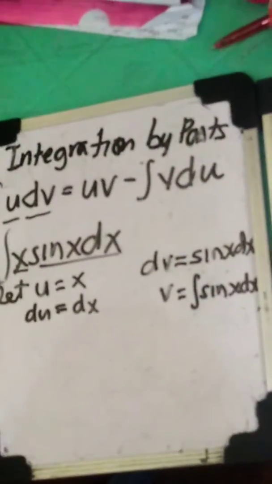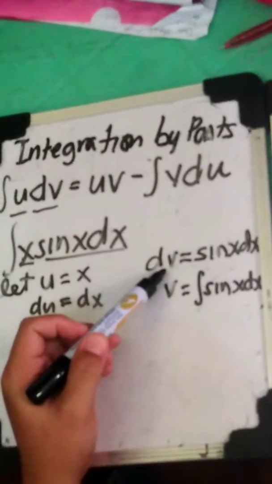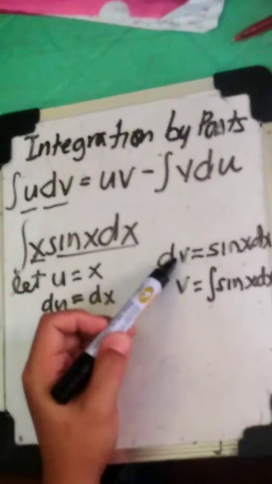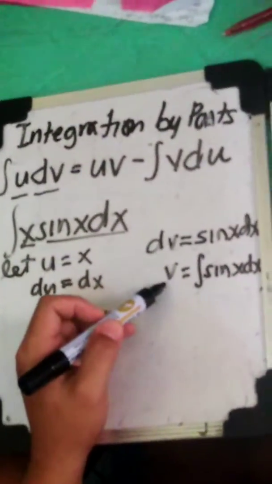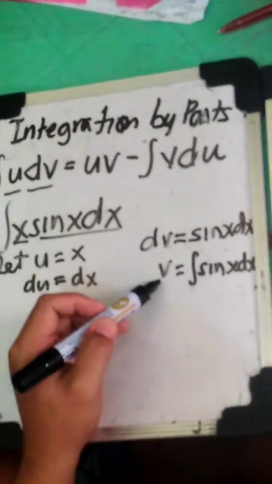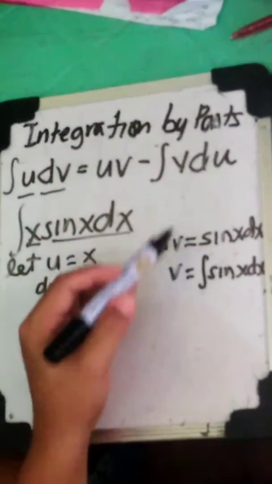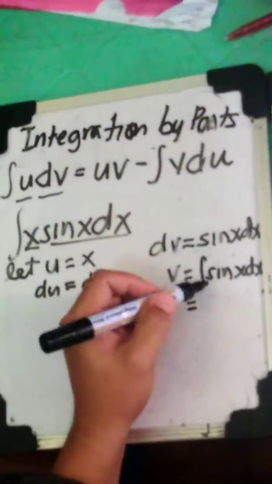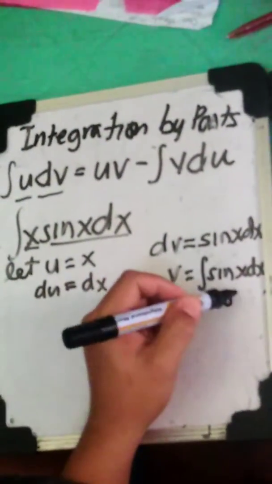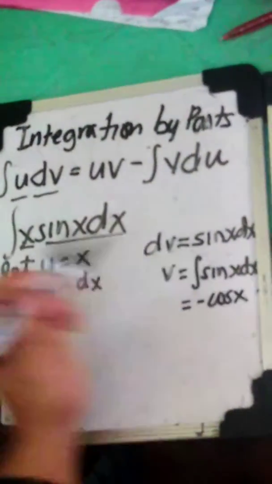Remember, in integral, the given is a derivative, then upon integration, the result is the function v, or the original function. So to find v, we integrate sine x dx, which is equal to negative cosine x.